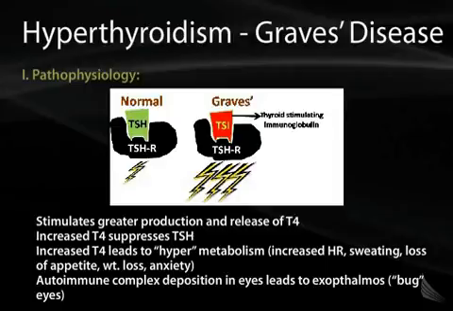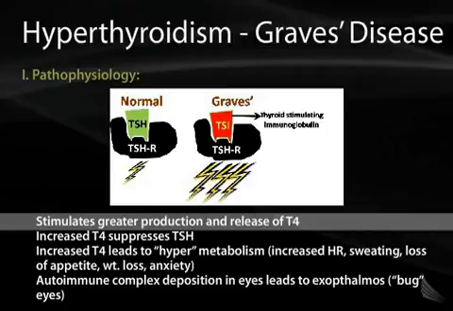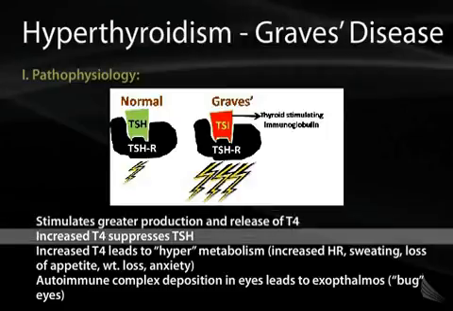As shown in this slide, in a normal situation, it is TSH which should be binding to the TSH receptor. But in Graves' disease, thyroid-stimulating immunoglobulin instead binds to the TSH receptor and activates this receptor. As a result, you have greater production and release of T4, and increased T4 in turn suppresses the TSH.